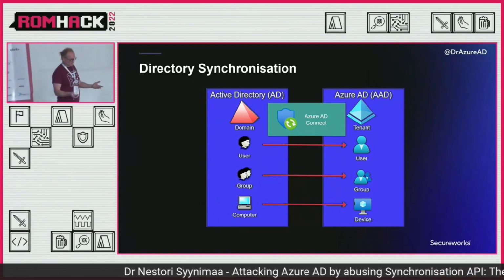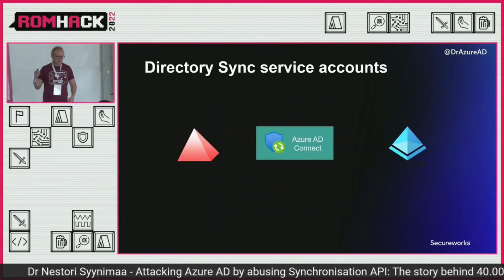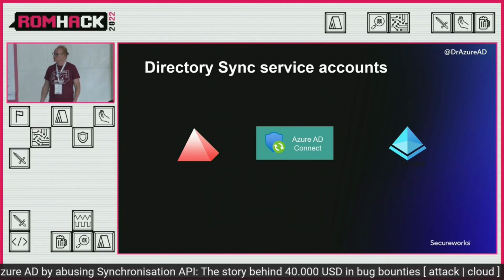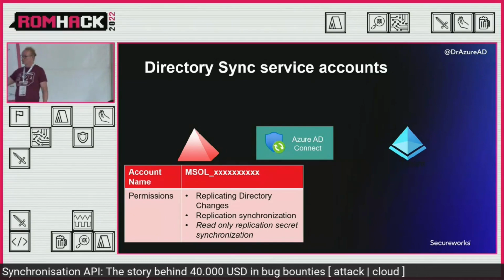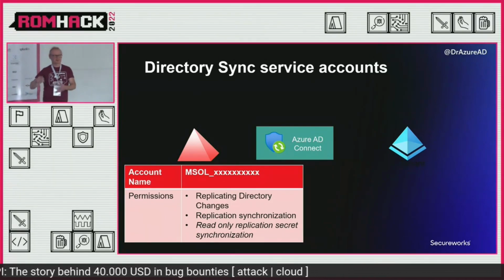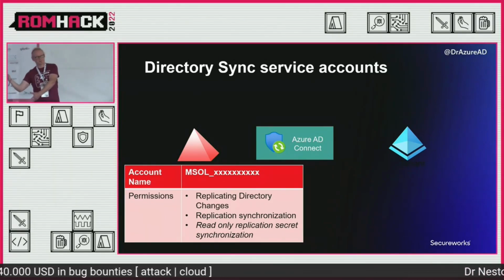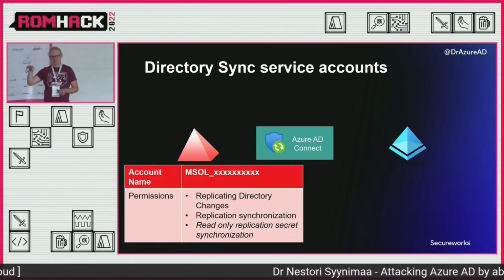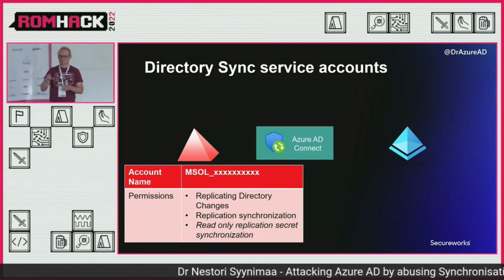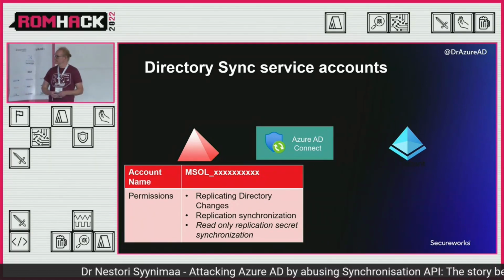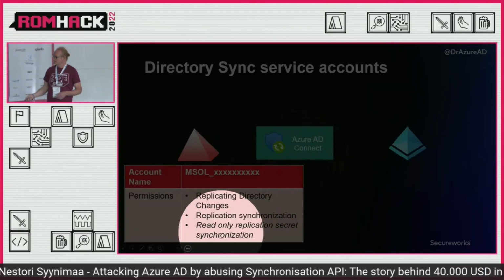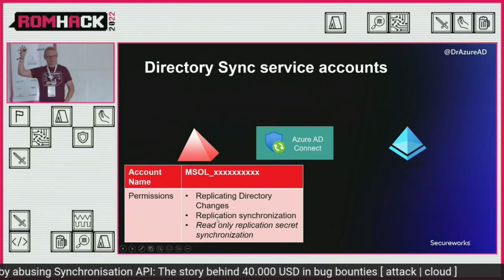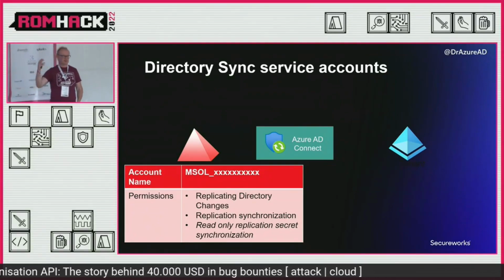And to be able to do that, Azure AD Connect has service accounts, 3 of them actually. There's a service account in your on-prem AD that allows you to read users from there. And also if you are using password hash synchronization, which synchronizes not your password, but password hashes from on-prem to Azure AD, you have a read-only replication secret synchronization, which means that account can read everybody's password hashes.